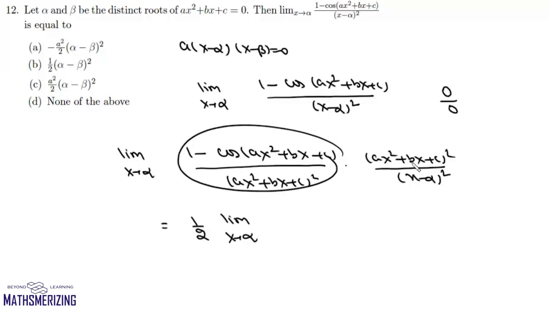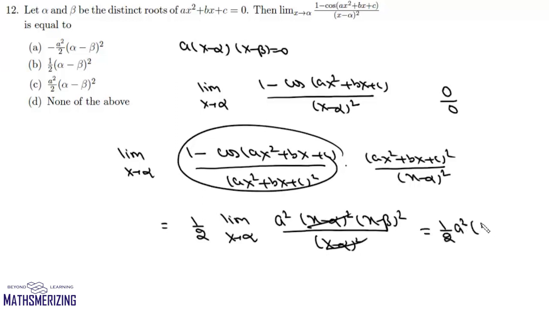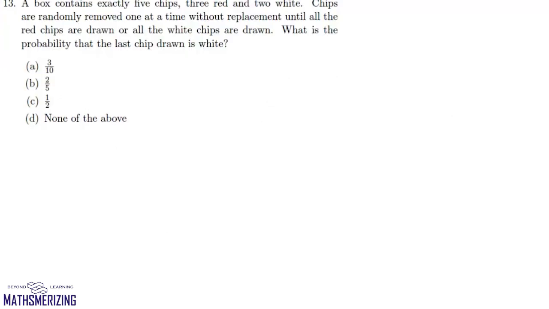Now we'll write this equation as a into (x minus alpha) into (x minus beta). So it will be a square (x minus alpha) square into (x minus beta) square upon (x minus alpha) square. Now this (x minus alpha) square will cancel. So we'll get this limit as 1 by 2 a square into (alpha minus beta) whole square, and that's your option C.